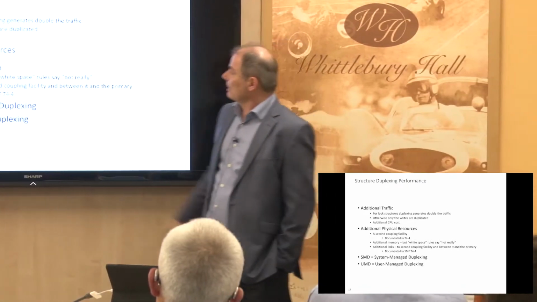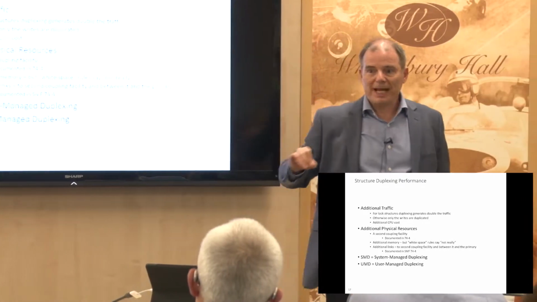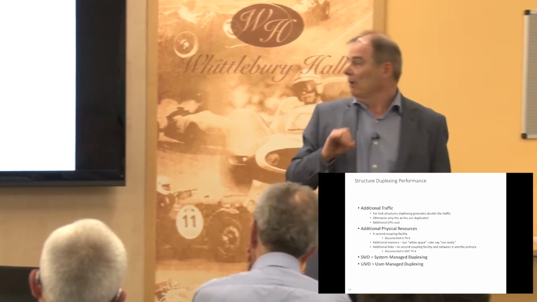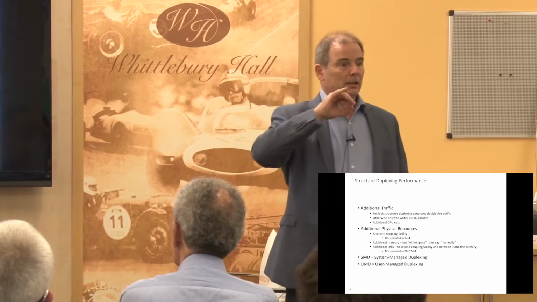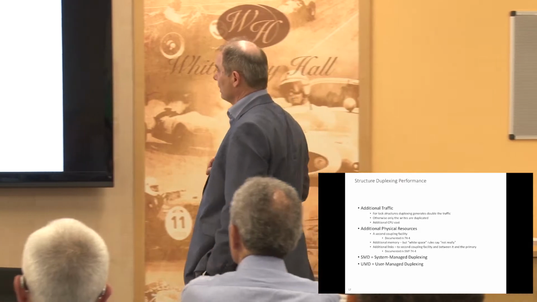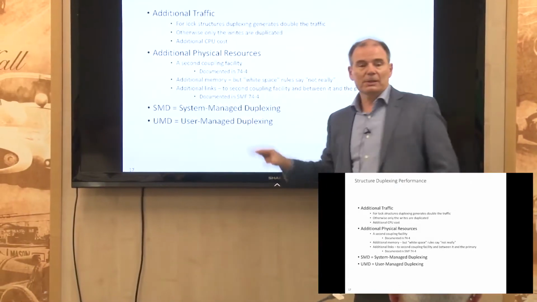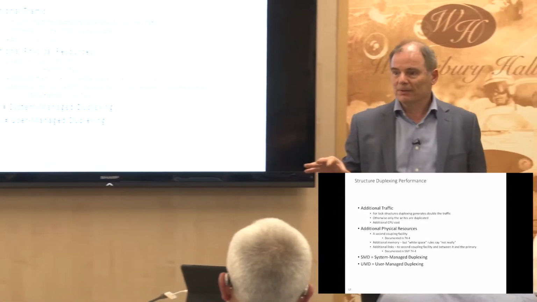So the second coupling facility, in this case, the secondary one, is actually documented as being the secondary in the 74 subtype 4 record that refers to the primary. So you can always find out which coupling facilities are documented together. Okay, you're going to tell me I know my estate.